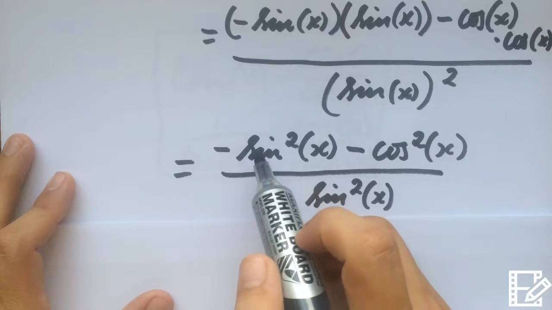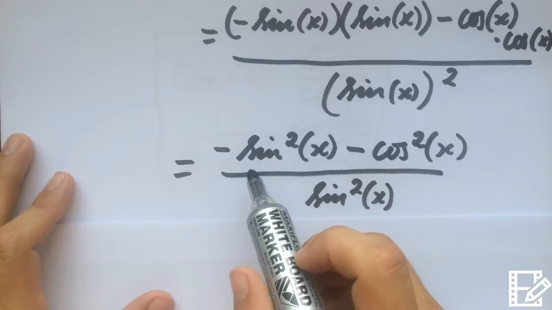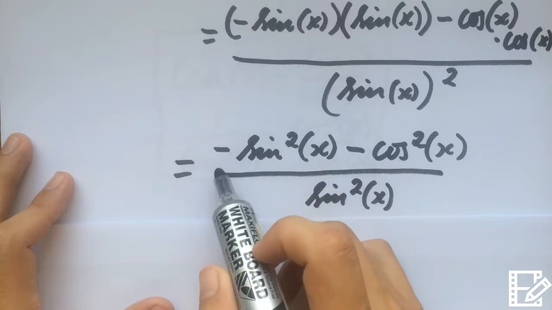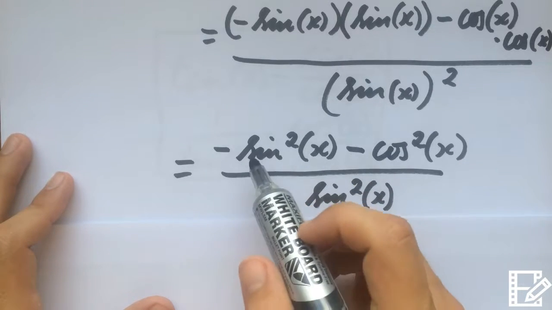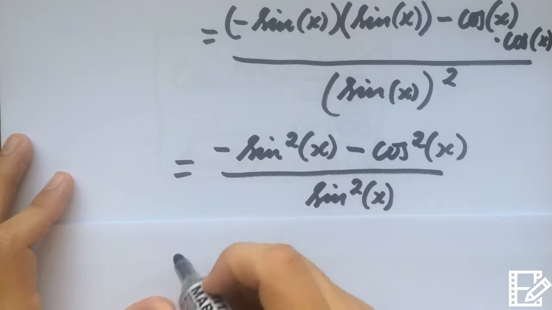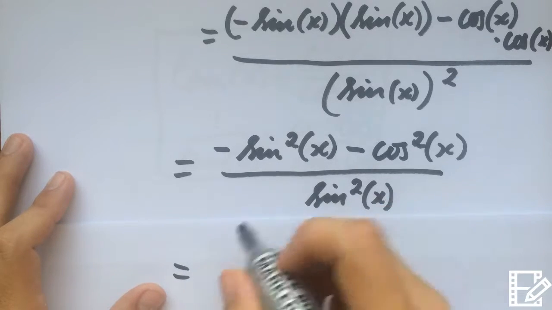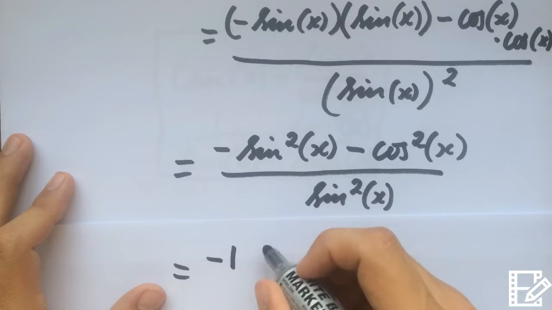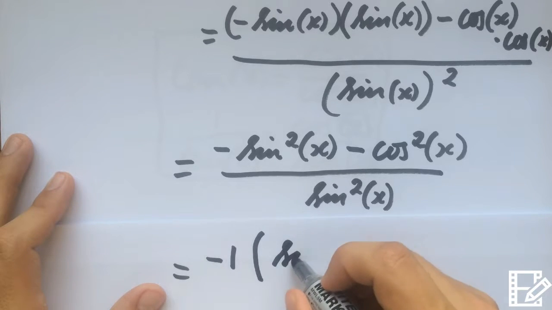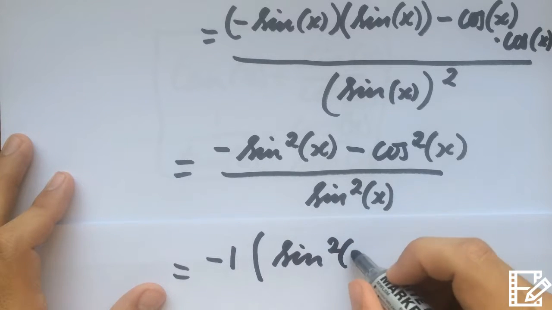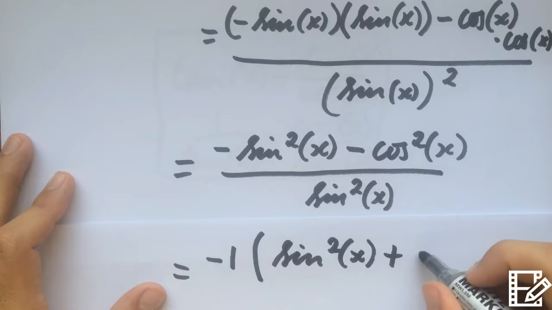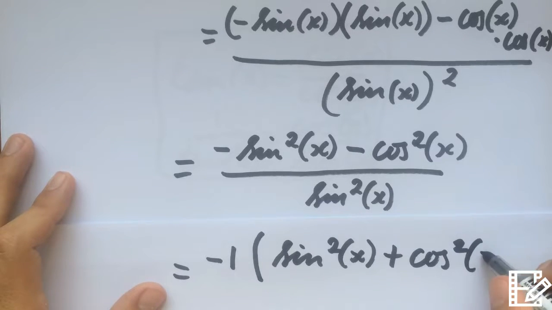So if you have a negative sine squared x, that essentially is a negative 1 multiplied by sine squared x. So if we factor that out, negative 1, we'll have sine squared x plus cos squared x.